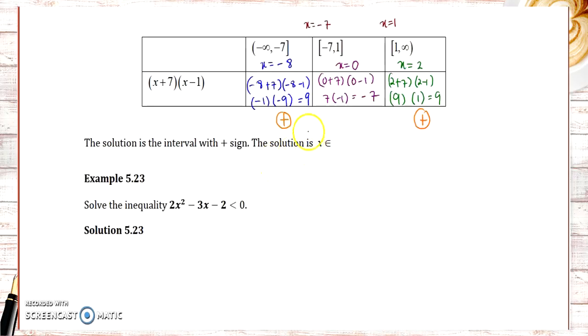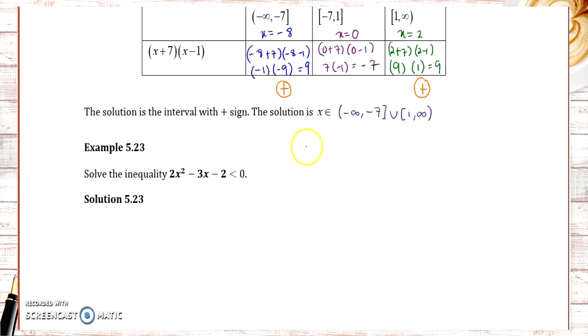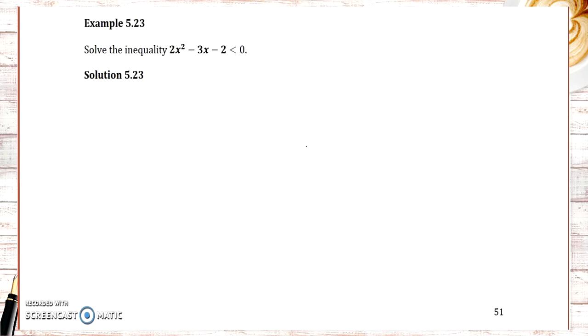Therefore, the solution for this inequality is x from negative infinity until negative 7, including negative 7, union with 1 until infinity.